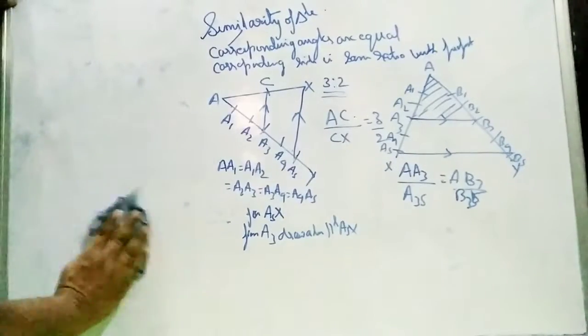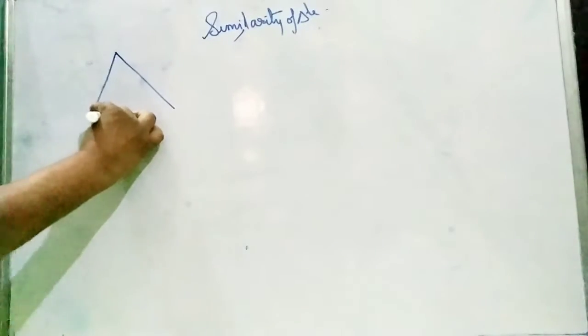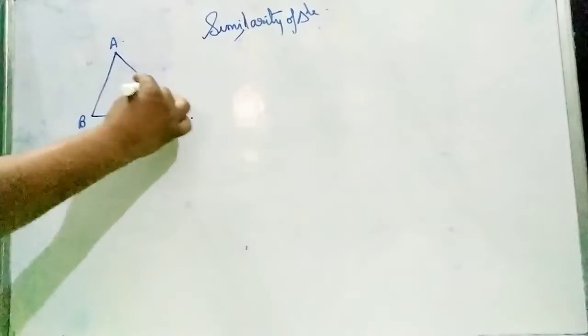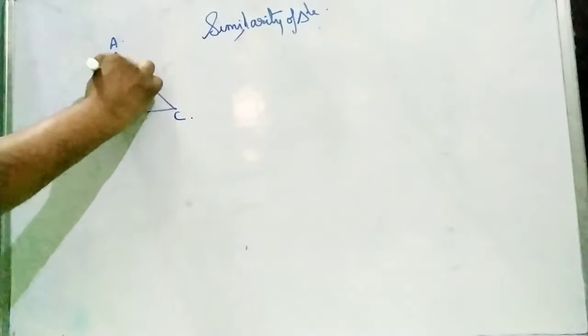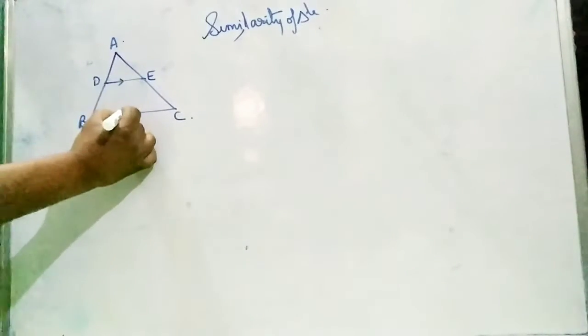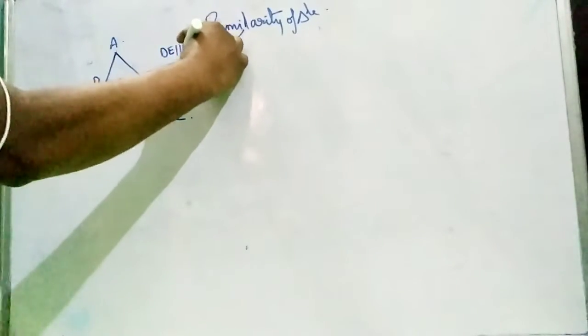The next is a triangle ABC, when one line DE is given parallel to the base BC.